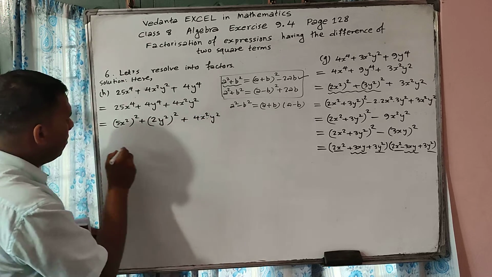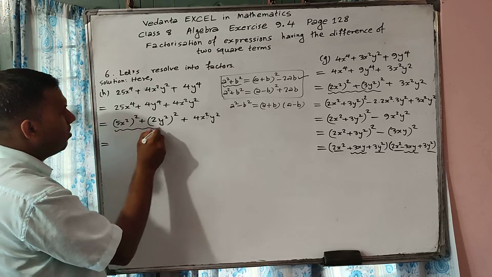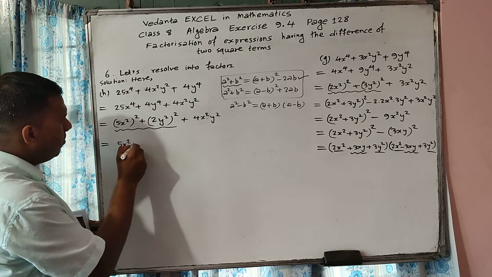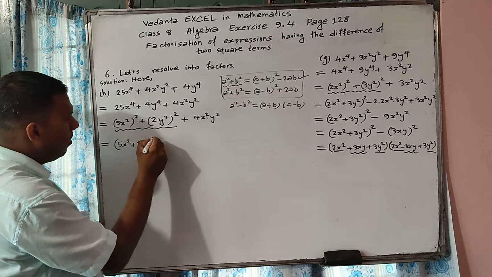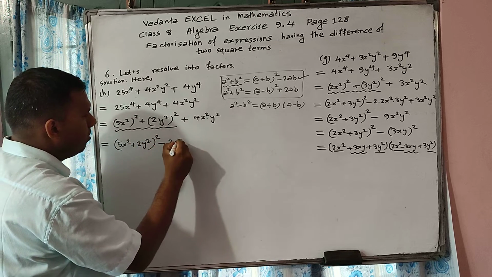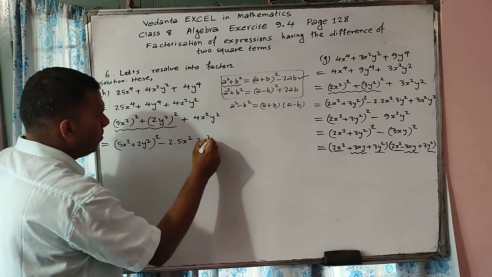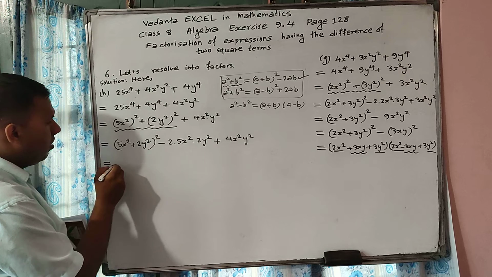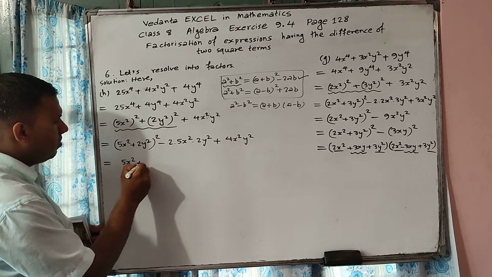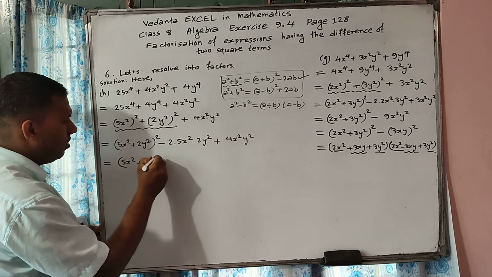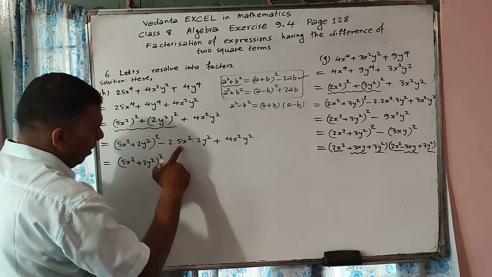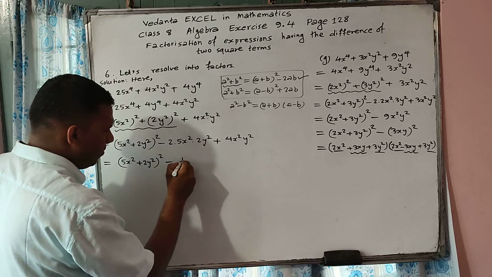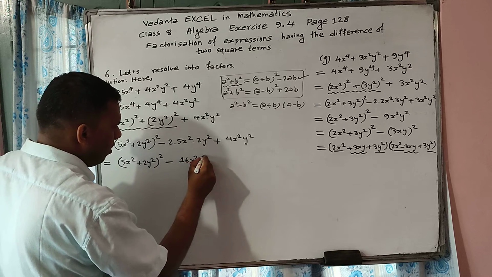That is the same. Now this is a square plus b square form, applying its formula: (5x square plus 2y square) whole square minus 2 times 5x square times 2y square plus 4x square y square. Now negative 2 times 5 times 2 is 20, minus 20 plus 4, remaining minus 16, so minus 16x square y square.